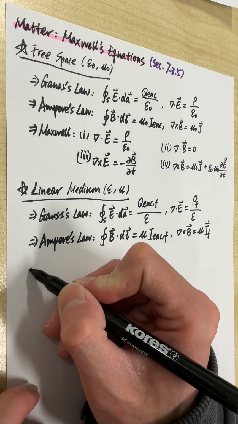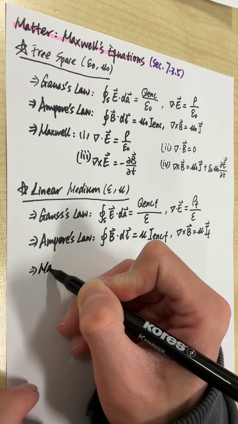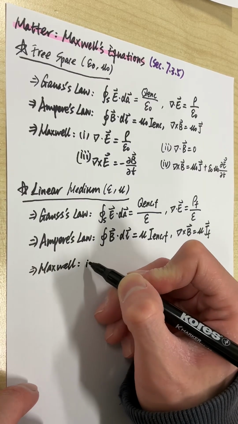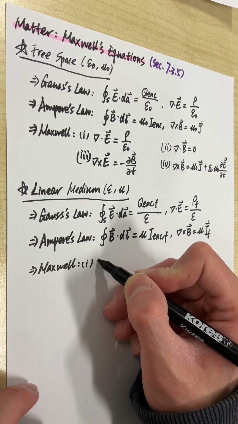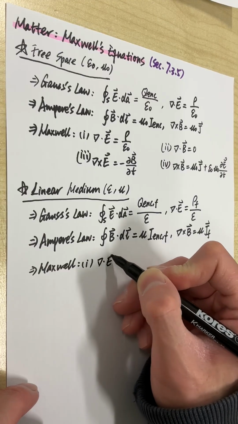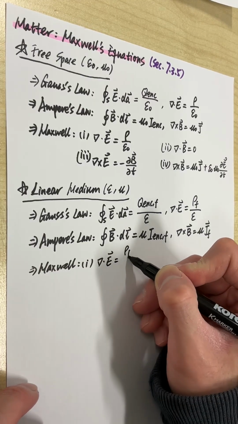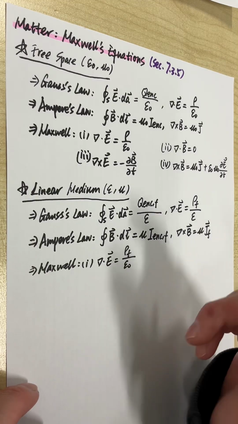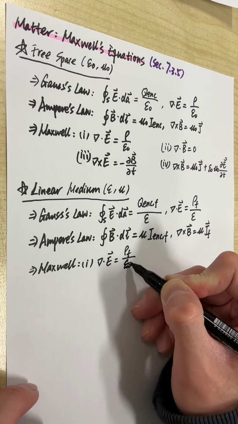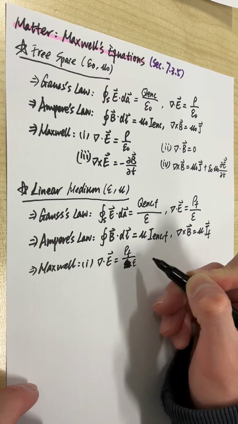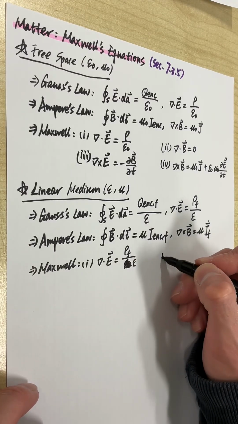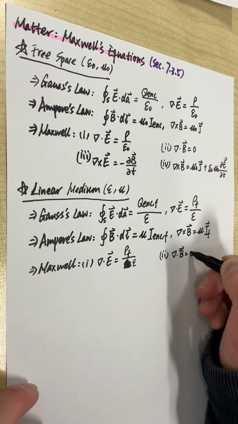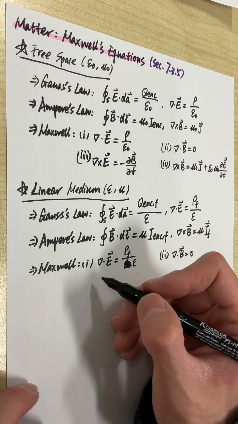Okay, so now Maxwell's equations. First of all, we have the divergence of E, which is now equal to the free charge density divided by epsilon. And then the second one is the same. The divergence of the magnetic field is still equal to 0.